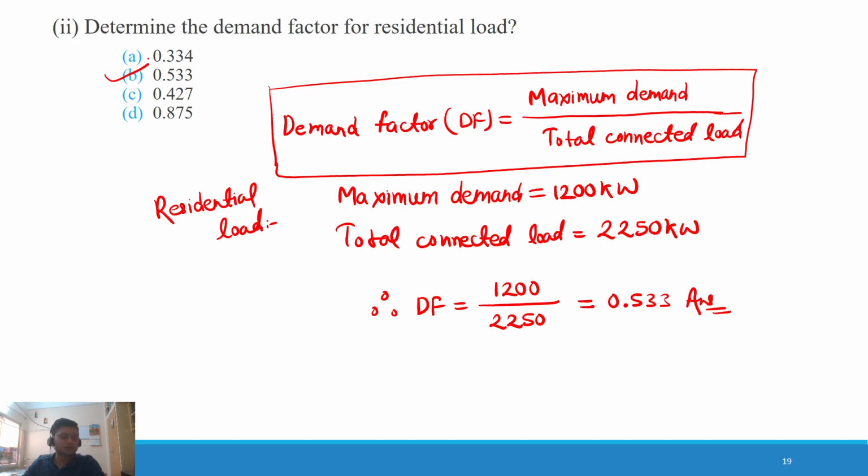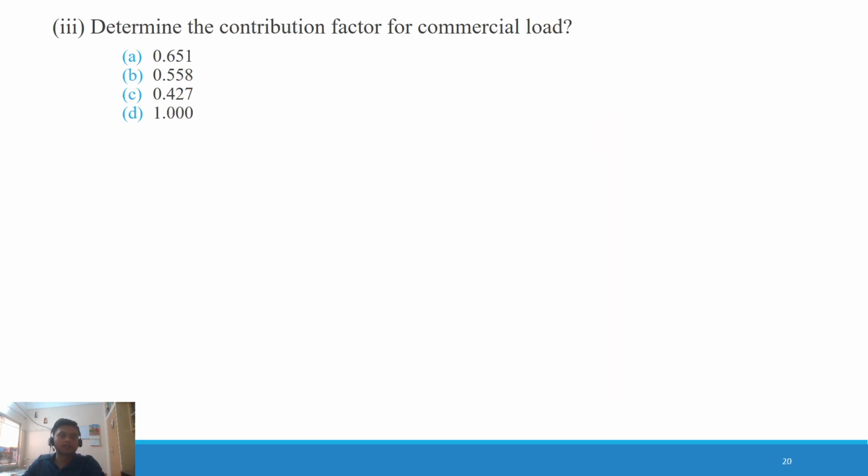Now let us see the most important part of this problem. It is asked to determine the contribution factor for commercial load.